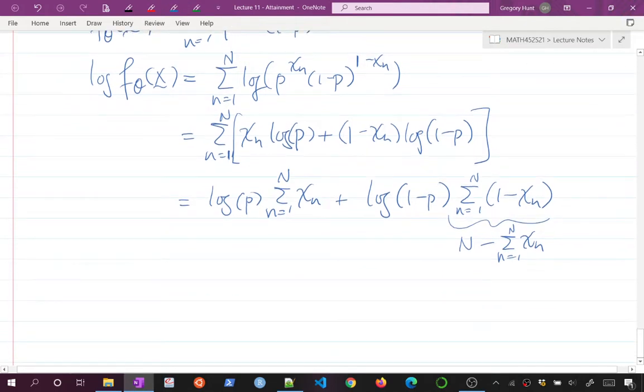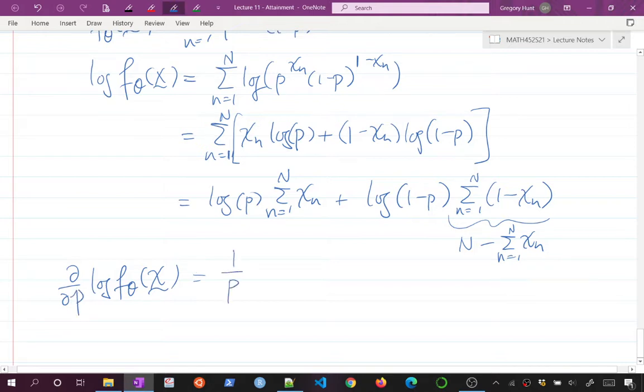Okay. And now we want the derivative with respect to theta of log f theta of, let's write a deterministic x, something like that. Derivative with respect to theta, of course, we're not talking about theta, we're talking about p in this case.